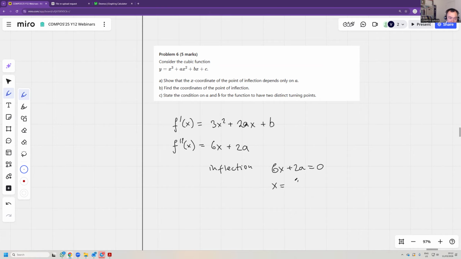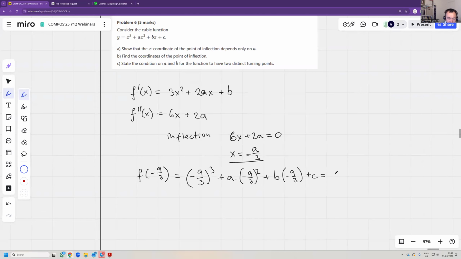So x is negative a over 3. For the coordinates of the point of inflection, f of minus a over 3 is going to be minus a over 3 cubed plus a multiplied by minus a over 3 squared plus b multiplied by minus a over 3 plus c.